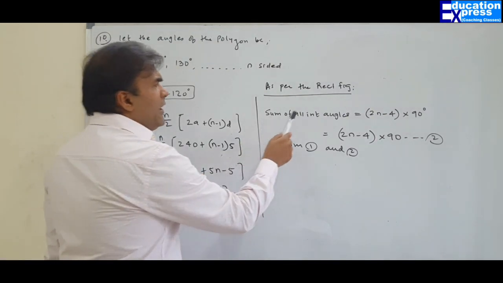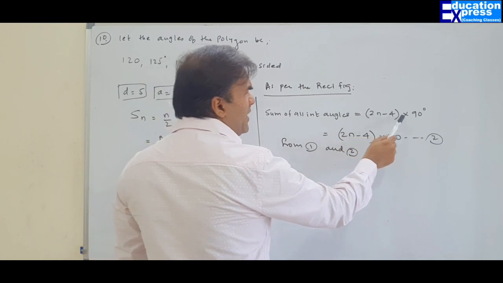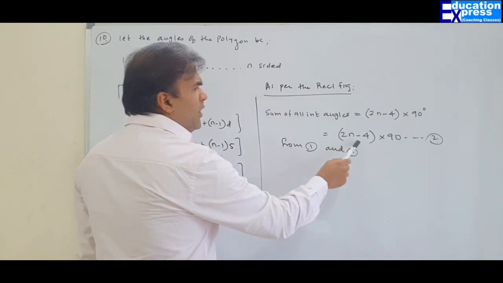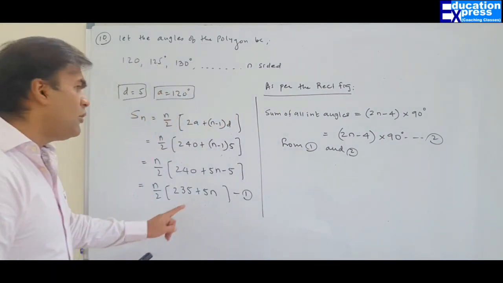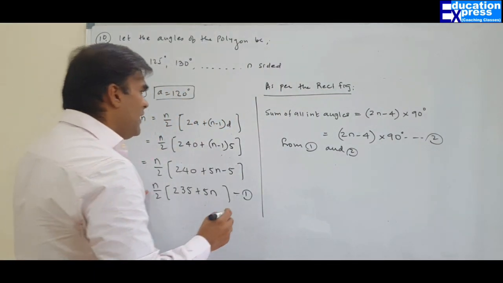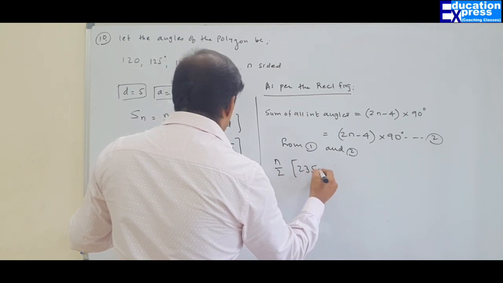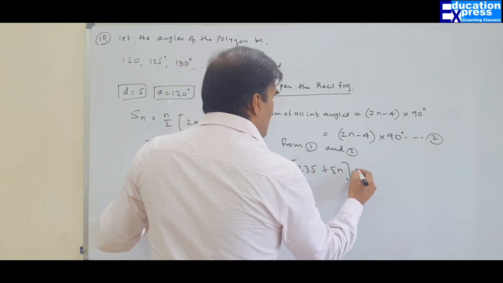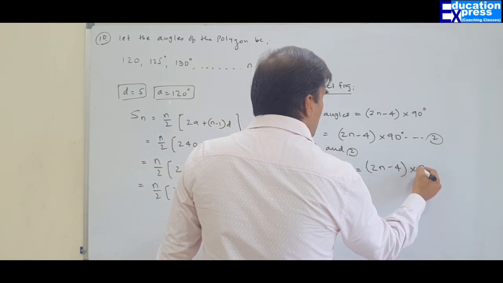But the sum of all the angles of the polygon can also be found using the formula (2n minus 4) into 90 degrees. This is also the sum of all the angles. So we can equate them. So n upon 2 times (235 plus 5n) can be equated to (2n minus 4) into 90.